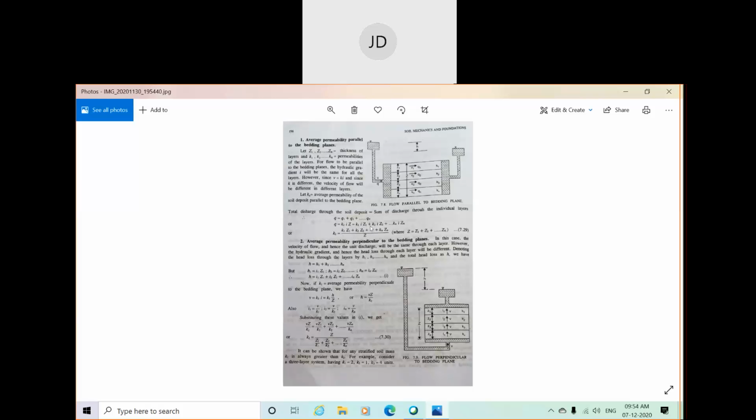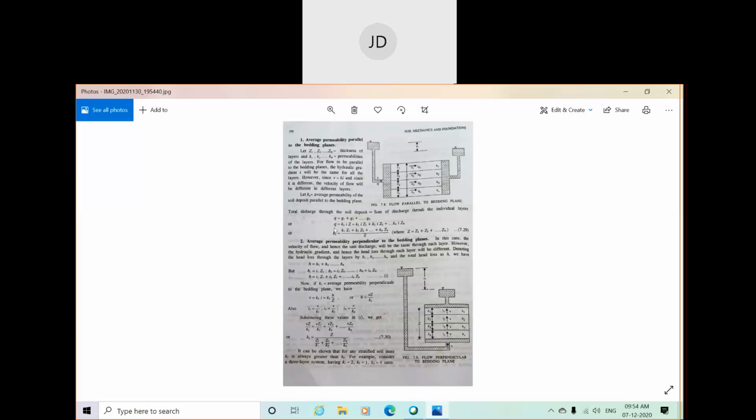Similarly for layer 2, q2 is equal to k2 i A, the hydraulic gradient is the same, and the cross-sectional area will be Z2 into 1, so only Z2. So it will go on.